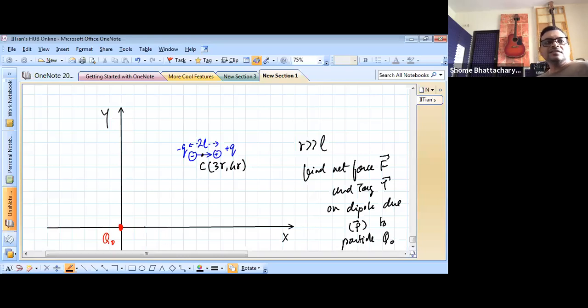Though the particle creates a three-dimensional field, here the dipole is lying in that two-dimensional XY plane, in which at every point the field has an XY component only.